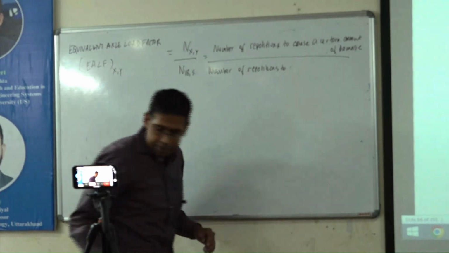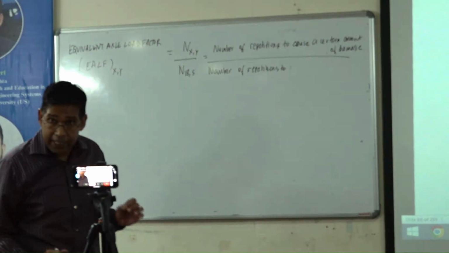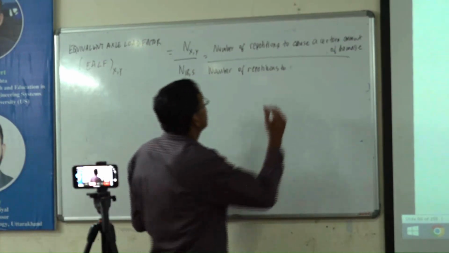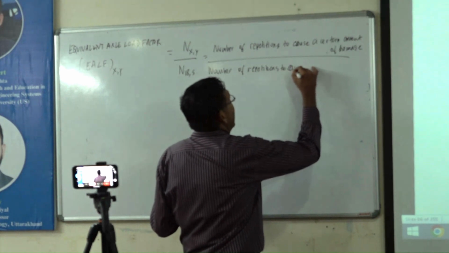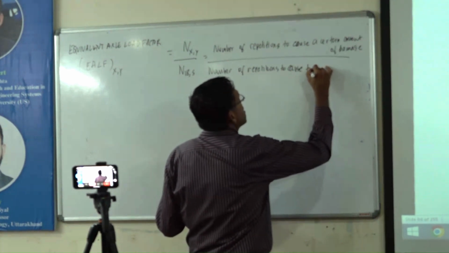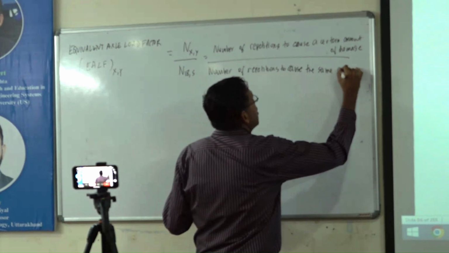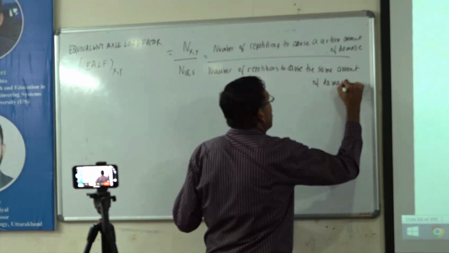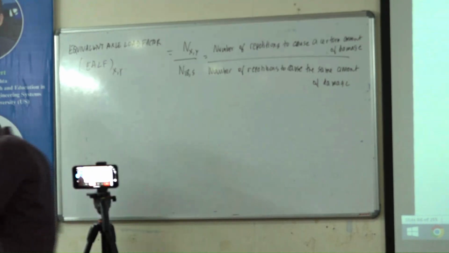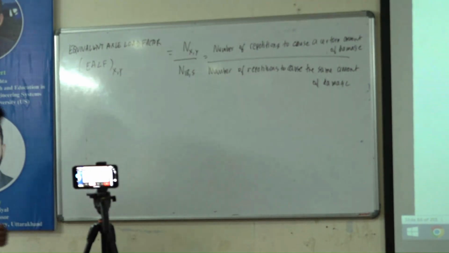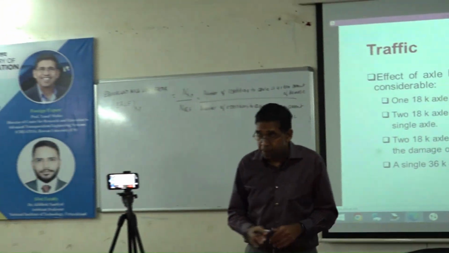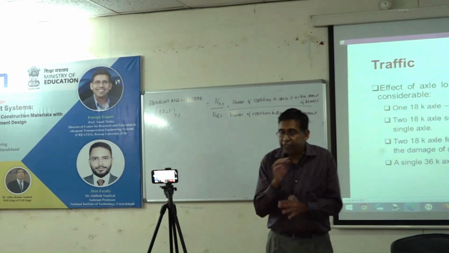Yes. You're talking about 18 kip single axle, correct? Just 18 kip single axle, am I correct? Okay, I'll answer the question. 18 kip single axle is a complete baseline of the entire design methodology.